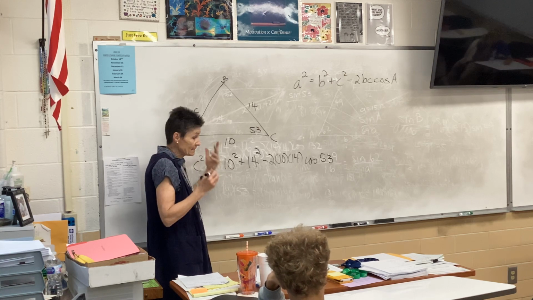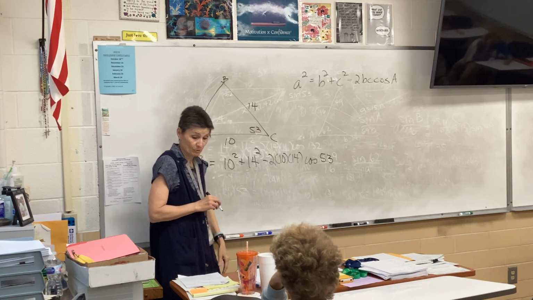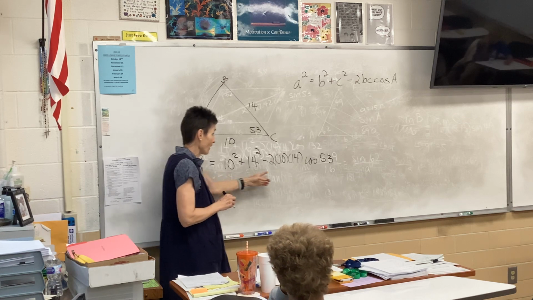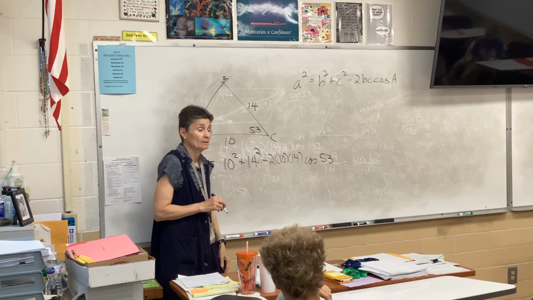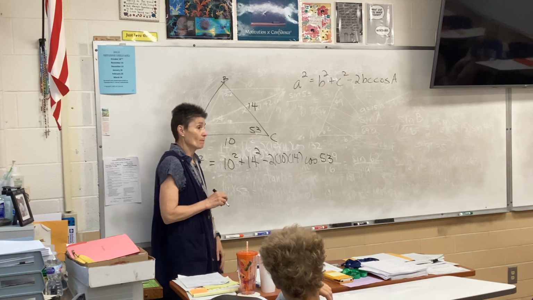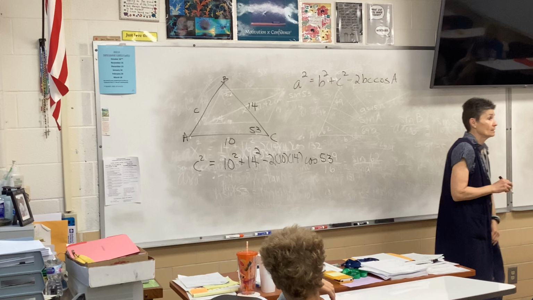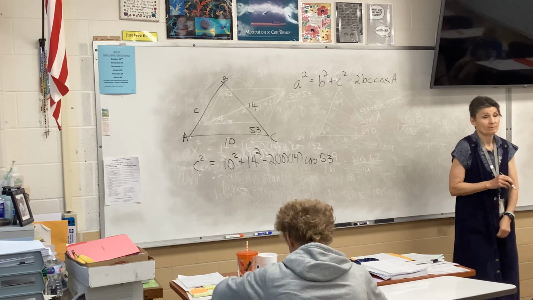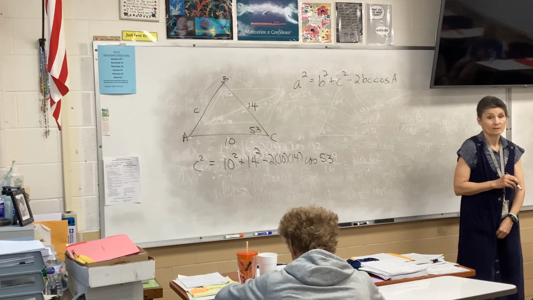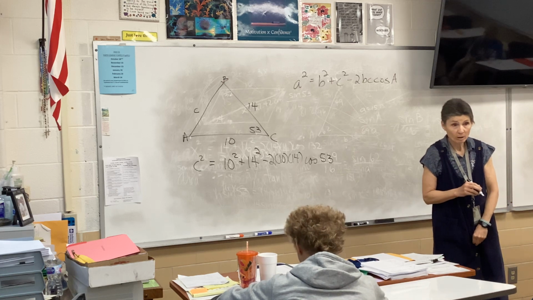Now, this is an easy one because I gave all my calculators away, so I need somebody to type all that in for me. And then remember what? After you get it all typed in, what do we have to remember? Square root it. We have to square root it. You got what? 4?